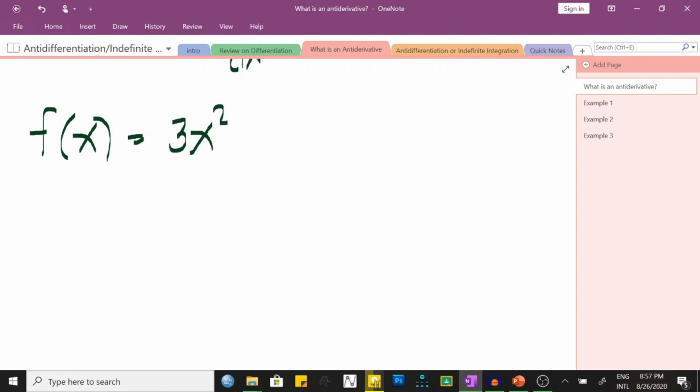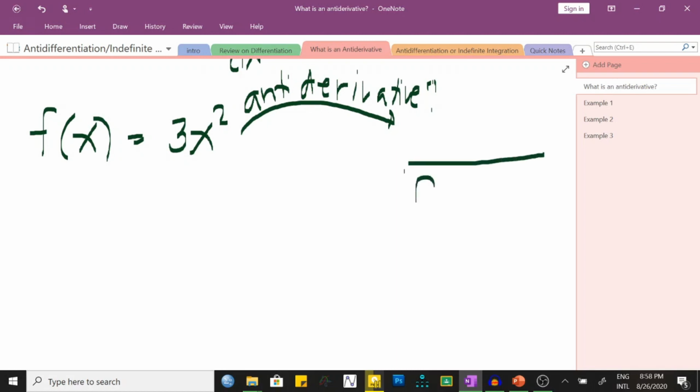When someone asks, what is an antiderivative? What does it mean? It means that we are looking not for a derivative, but we are looking for a function.